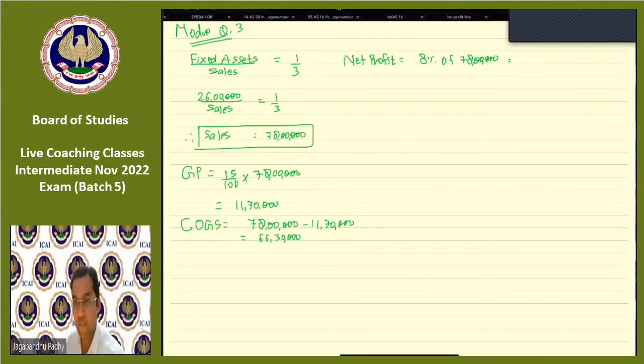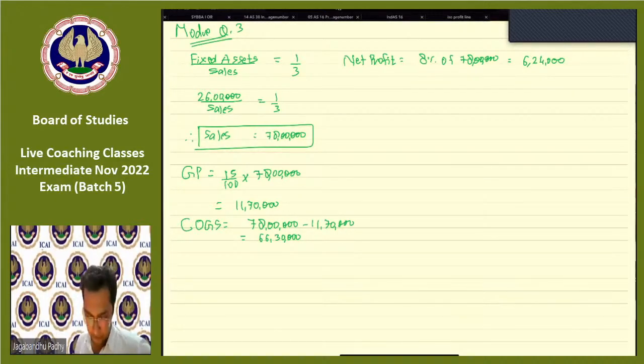We can compute the net profit as 78 lakh, 8%. Net profit is 8% of 78 lakh, which is 6 lakh 24,000.